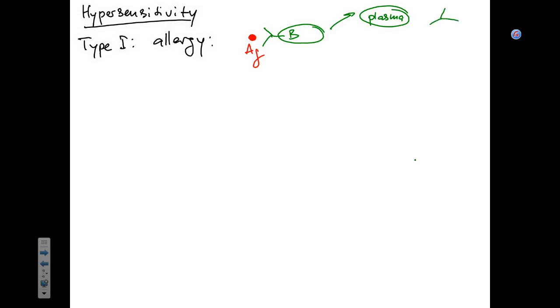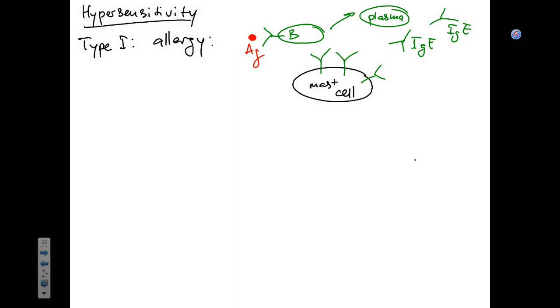This will be immunoglobulin E. Okay. And this immunoglobulin E gets stuck on the mast cell. That is the first exposure to the allergen.